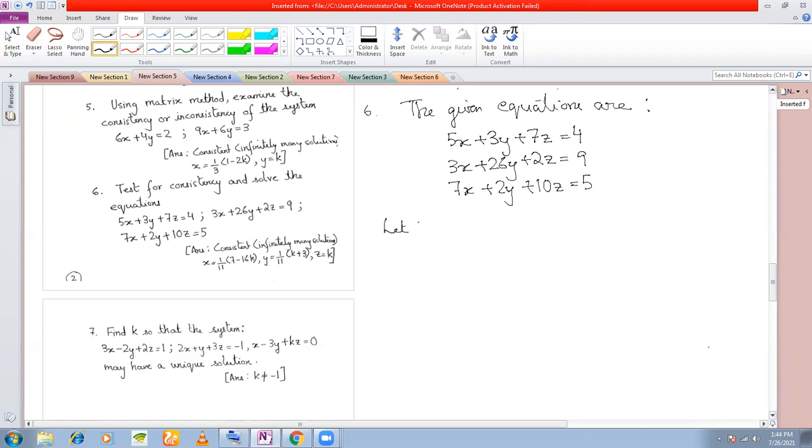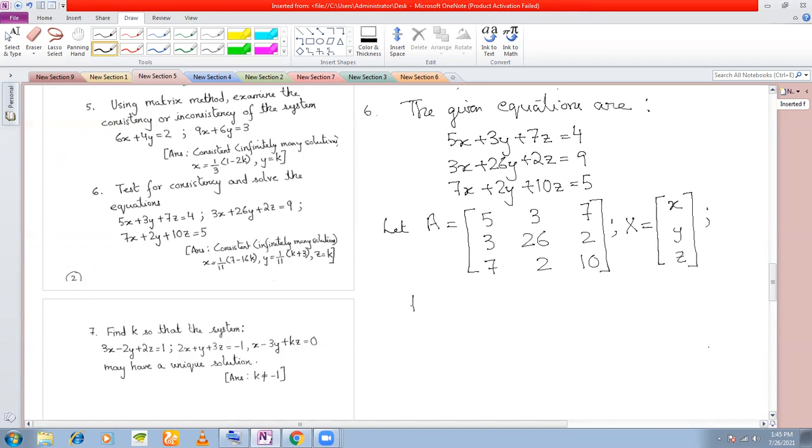So let A be the matrix formed by the coefficients. X is a matrix because there are three unknowns. We form this column matrix, and the matrix B is another column matrix.